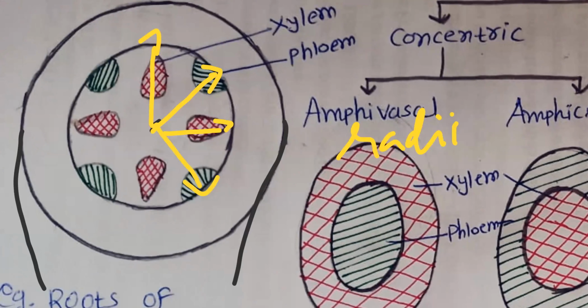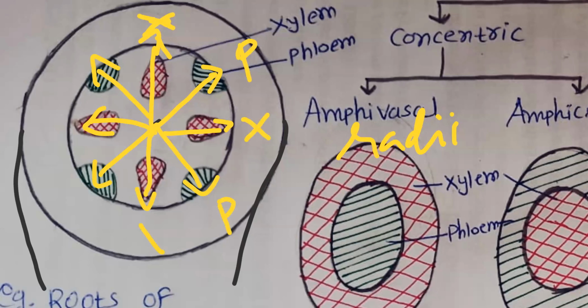So can you make out that xylem and phloem bundles are separate? Two, they occur on separate radii. अगर इस रेडियस पे xylem है तो इस वाले पे phloem है. अगेन इस रेडियस पे xylem अरेंज है तो यहाँ पे phloem. Xylem, phloem, xylem and phloem.